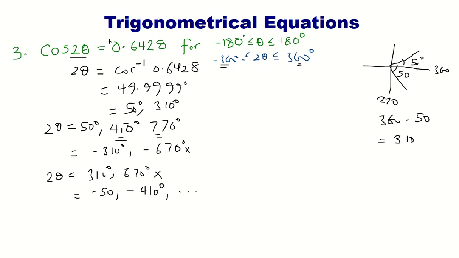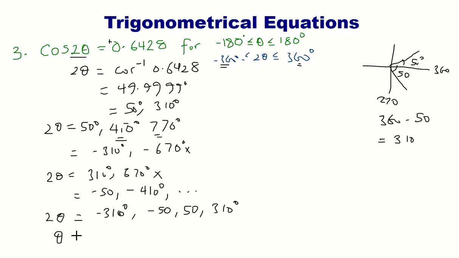So it means our 2 theta values are, let's choose values that are in this range. In their order, we have negative 310 degrees, followed by negative 50, followed by 50, followed by 310 degrees.